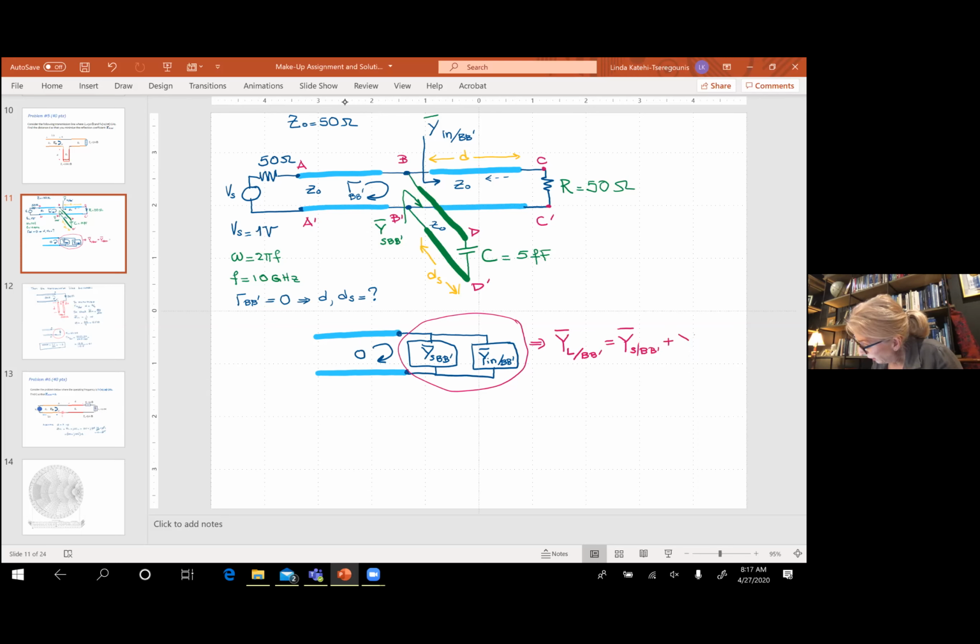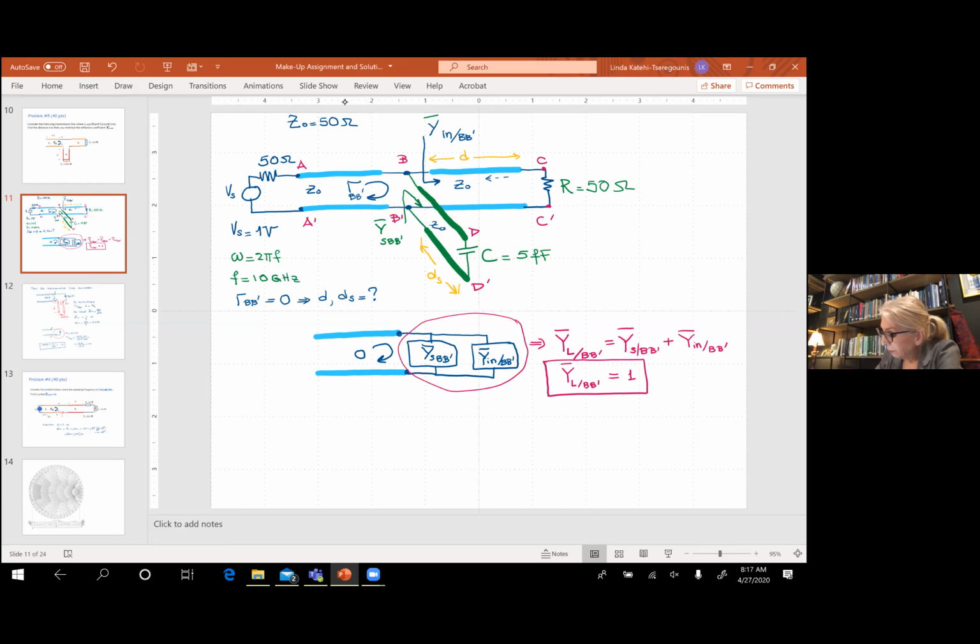Okay? And we would like this to be equal to what? For this reflection to be 0, we would like this to be equal to 1. So practically, we would like this sum to be equal to 1.